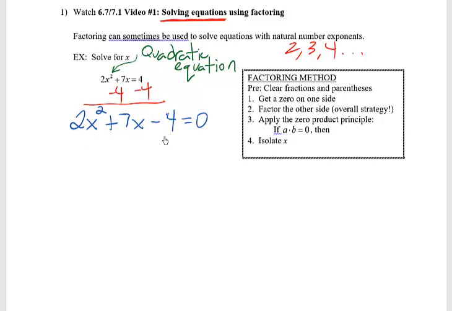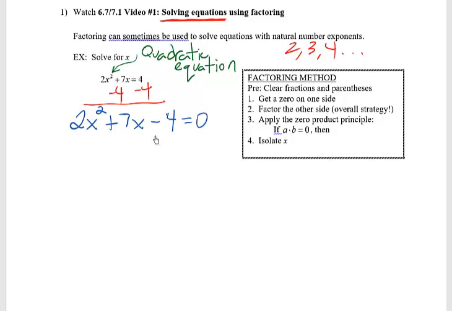Remember, factoring just means rewriting this as a giant multiplication problem. Step 1 of factoring, pull out the GCF. I'm looking at this. I don't see a GCF, right? I don't have anything in common to all three terms I can pull out, but I need to check. Step 2 of factoring, count the terms. I have 1, 2, 3 terms over here. This is a trinomial.